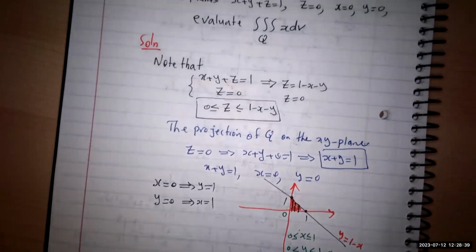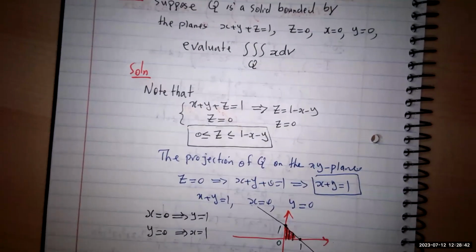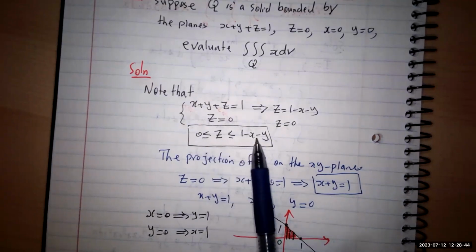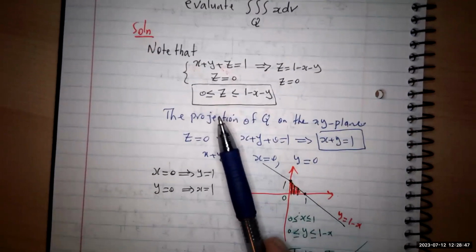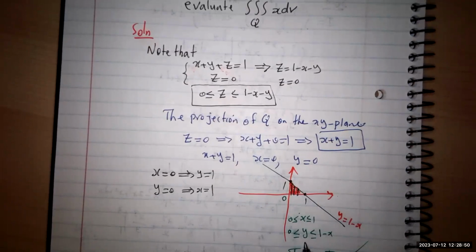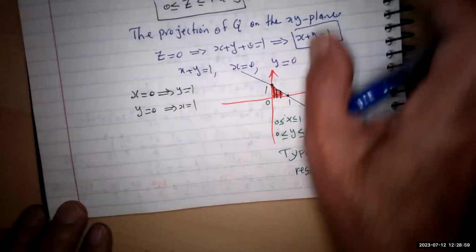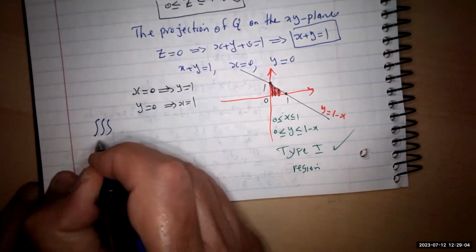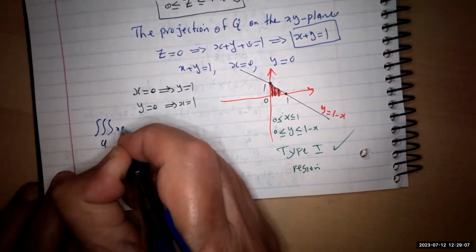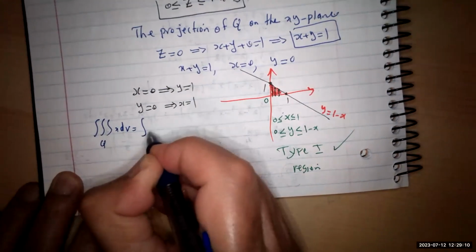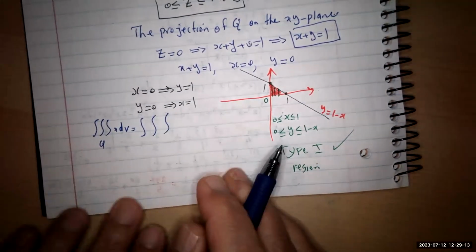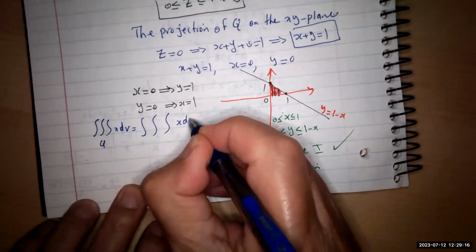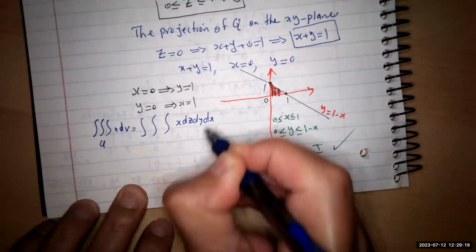So it's going to be a triple integral. z goes from 0 to 1 minus x minus y. Then you integrate with respect to y, because y is between 0 and 1 minus x. And at the end, you integrate with respect to x. I write it down here. We say that the triple integral of x dV is going to be equal to the integral of the function x dz dy dx.